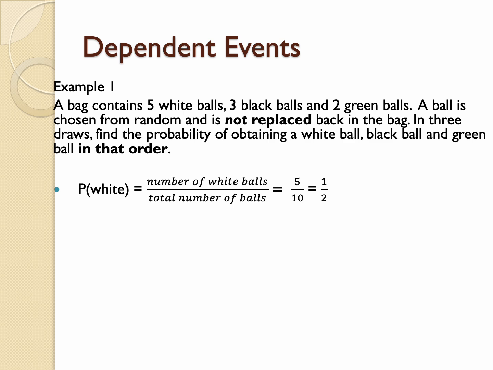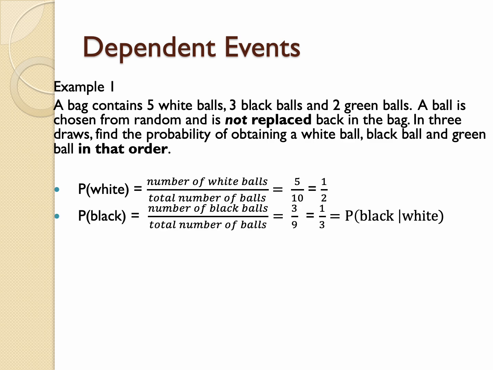Now next we work out the probability of picking a black. But before that, count the number of black balls and the total balls left. That's because we don't put the white ball back. Pause and think. So the probability of picking a black next time round equals the black balls over the total number of balls left.